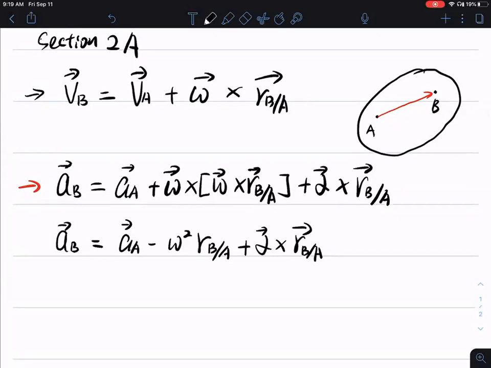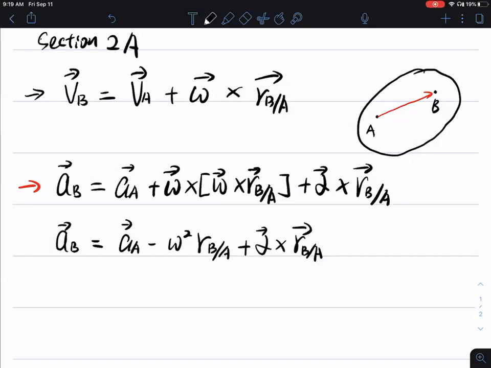So this is a simplified version of this equation, and for most of the calculations, you can use the simplified version. It's fine. They're equivalent.